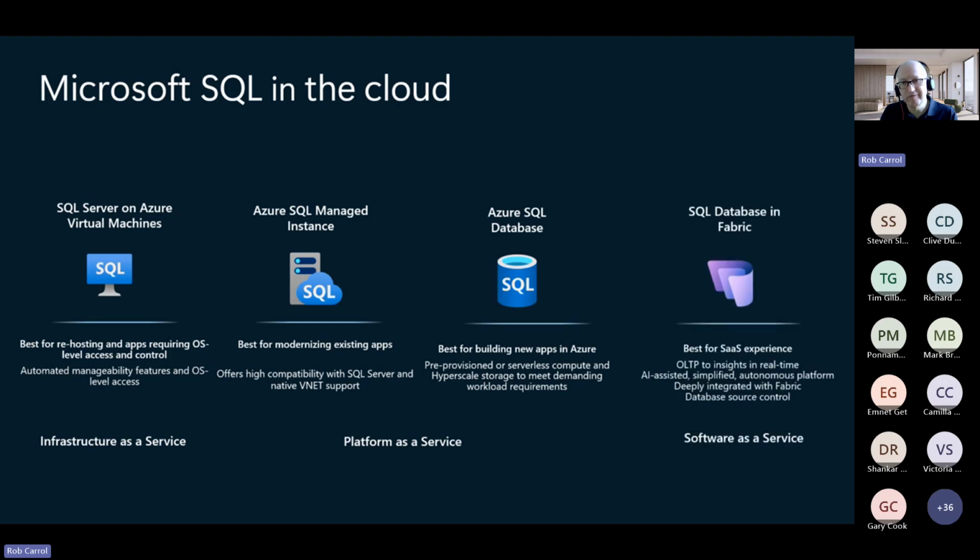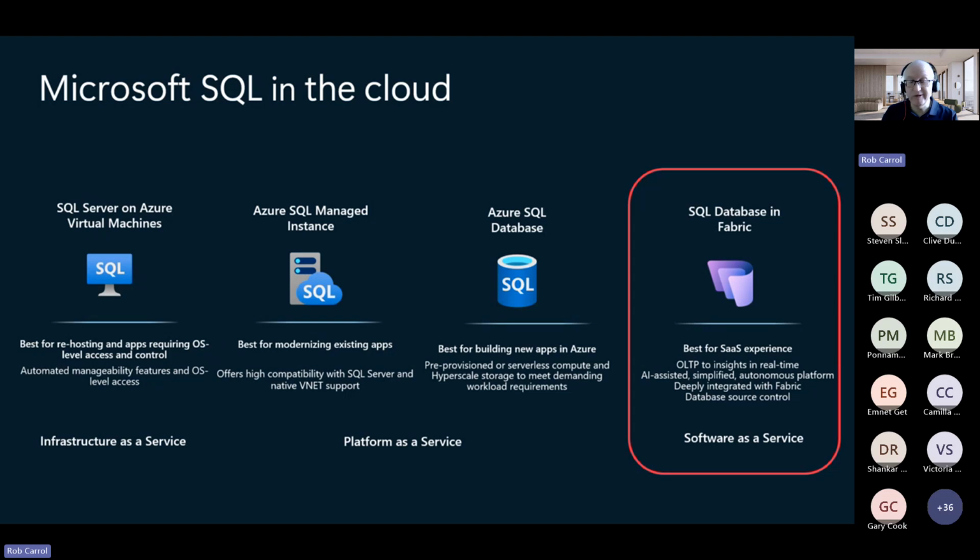And finally, with SQL Database in Fabric, we have a fully software as a service SQL database offering. Now, I'm going to focus on SQL database today primarily, but there's also Cosmos DB that is part of Fabric databases. And there's also Postgres coming along as well.